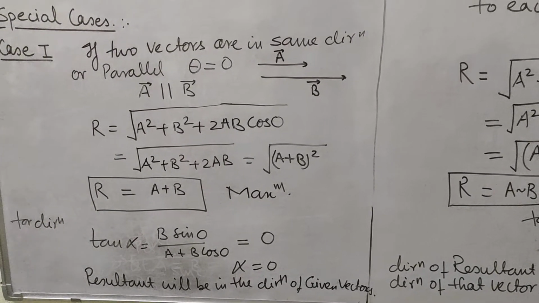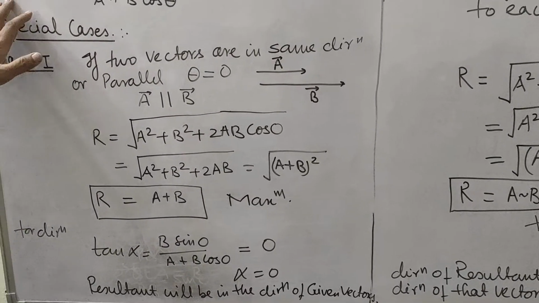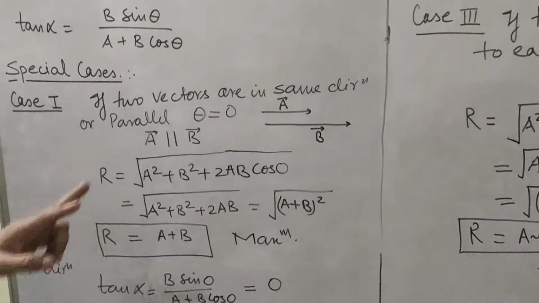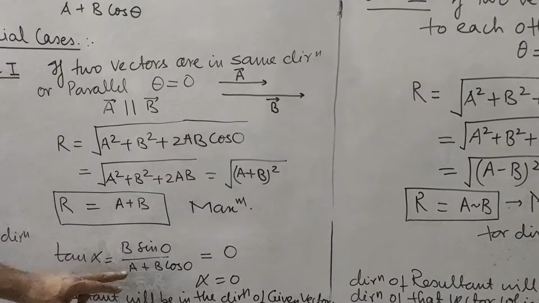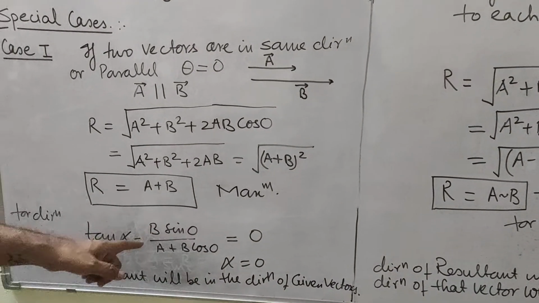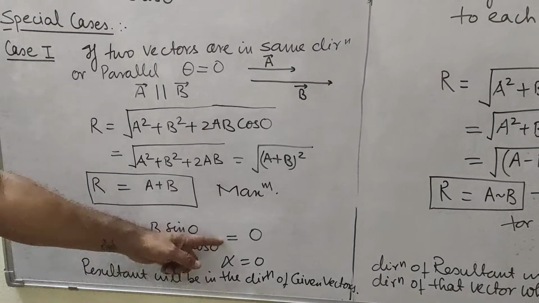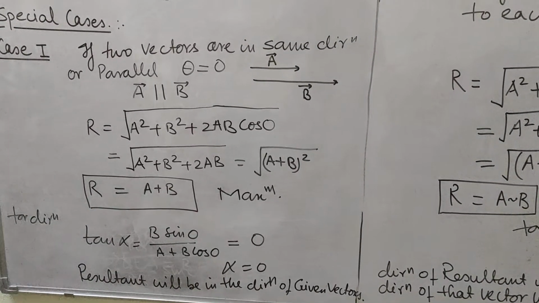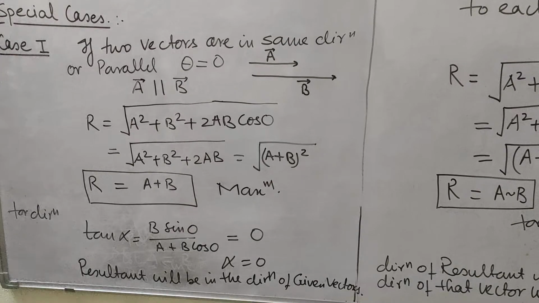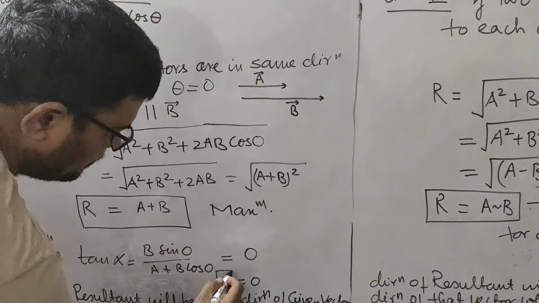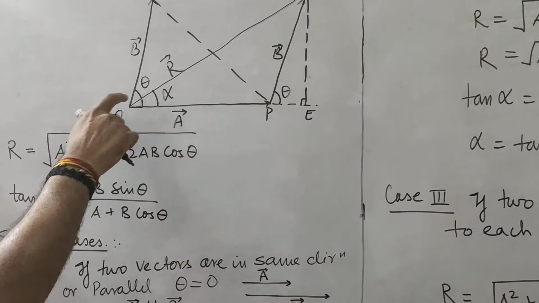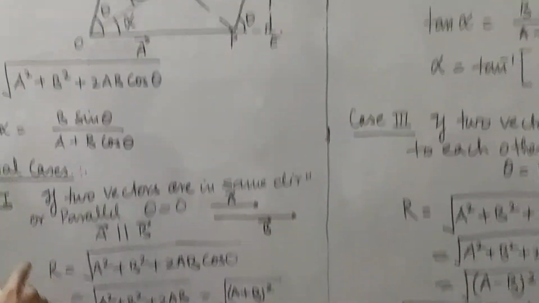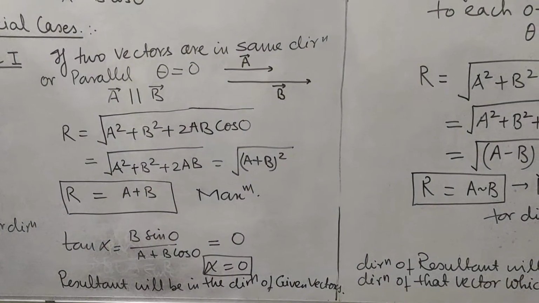Now how to find the direction? Again the formula for direction is this. Put the value of theta. Theta is 0, so b sin 0 upon a plus b cos 0. Cos 0 is 1, but because sin 0 is 0, this whole term becomes 0, which makes alpha 0. If alpha becomes 0, be careful: that means the resultant will be in the direction of the given vectors.